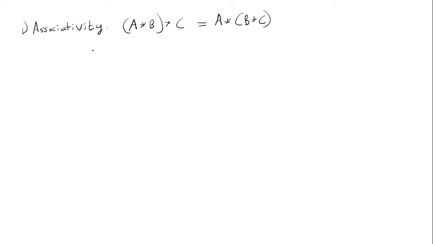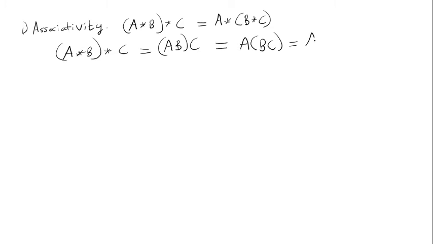Let's prove this. In this case, star is usual matrix multiplication, therefore you can write this in this form. And since this is matrix multiplication, you can write it in this form, and this would be equal to A star (B star C). So this group is associative, that is clear.